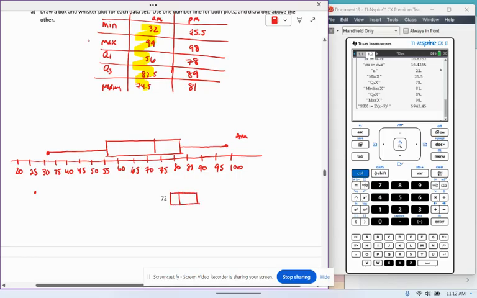And then the max is 98. Look at that. That's a huge difference, right? This box plot is really cool for showing all the different spread, right? Look how much more concentrated the 75% of the data is on this guy, right? It's just very cool to compare these two things on here.